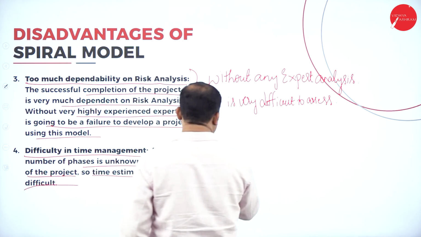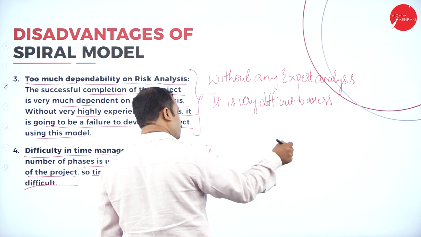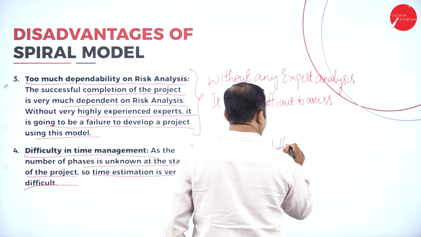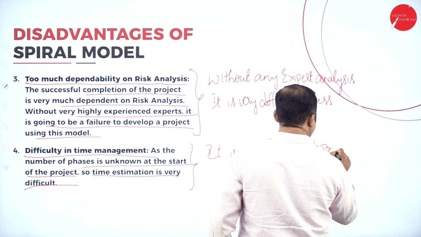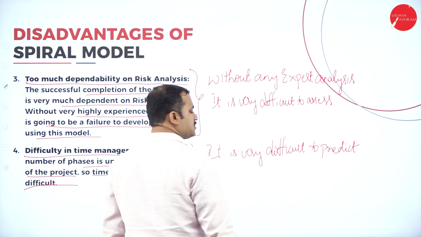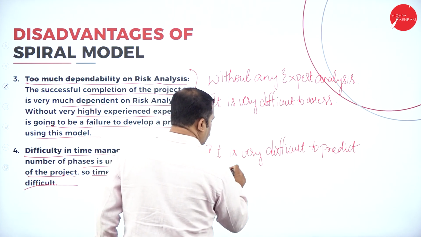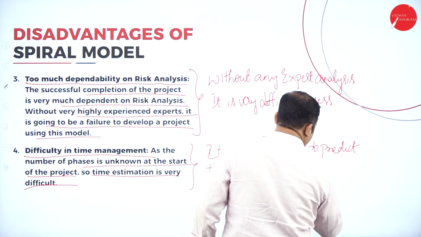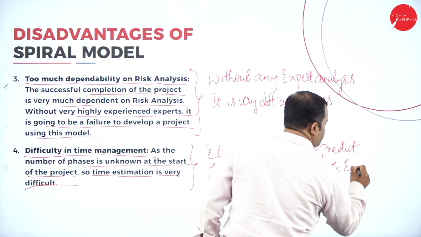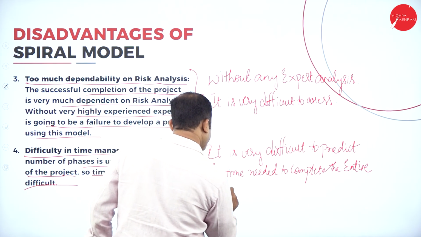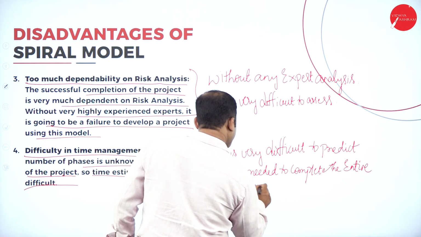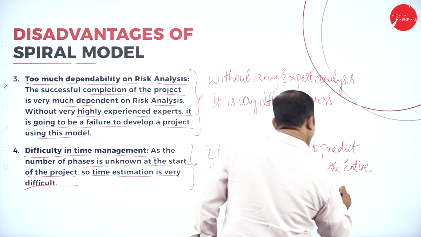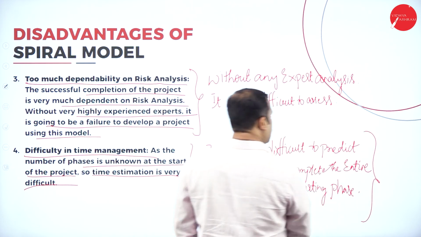That means it is very difficult to predict the time needed to complete the entire software product at the starting phase or at the beginning phase. So it is unpredictable at the beginning.